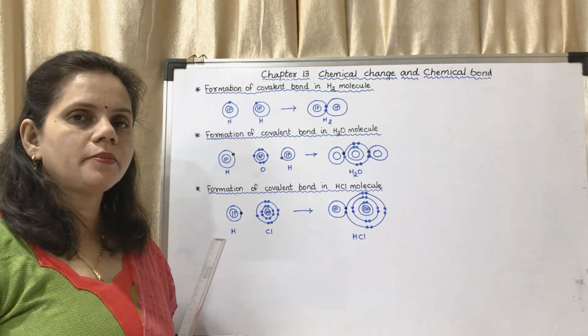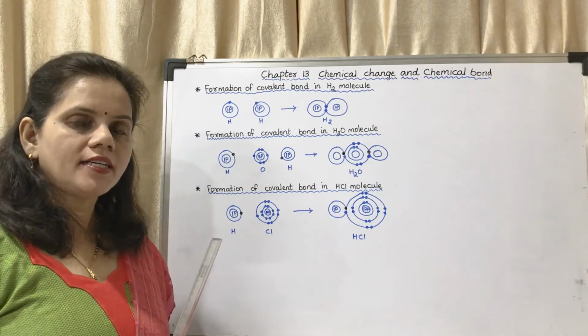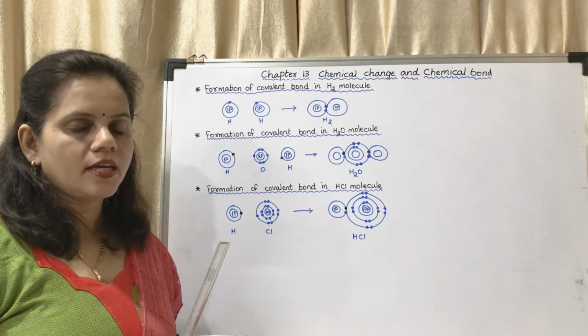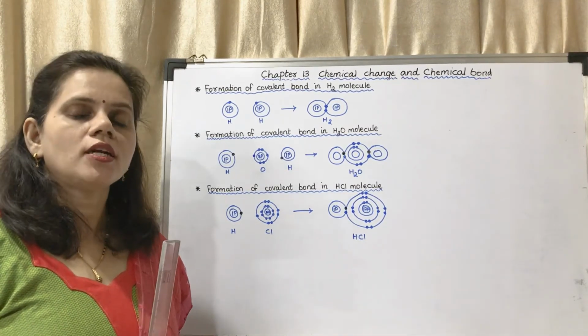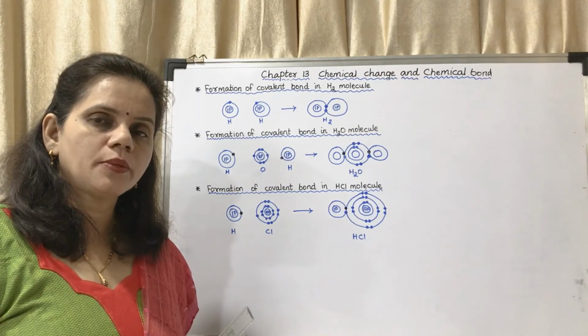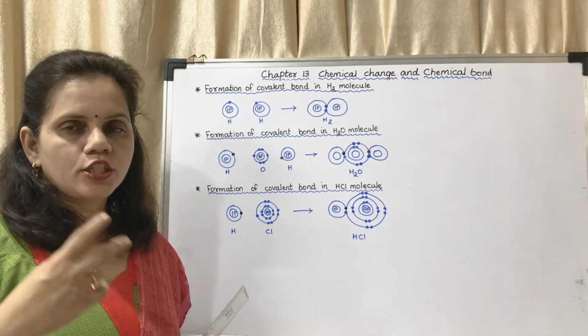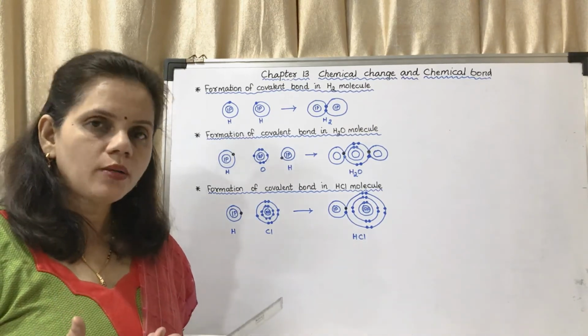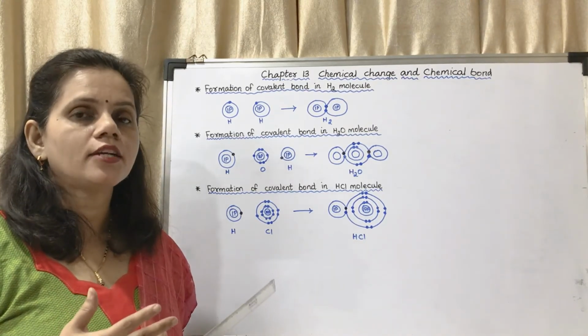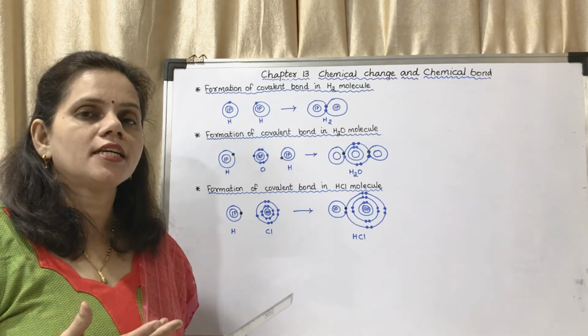Hydrogen, its atomic number is 1. It is having 1 electron in its outermost orbit, and it is having only one shell. Which shell? That is K shell. What is the maximum number of electrons which can be accommodated in K shell? It is 2. It is having 1. It needs only one more to gain the stable state.